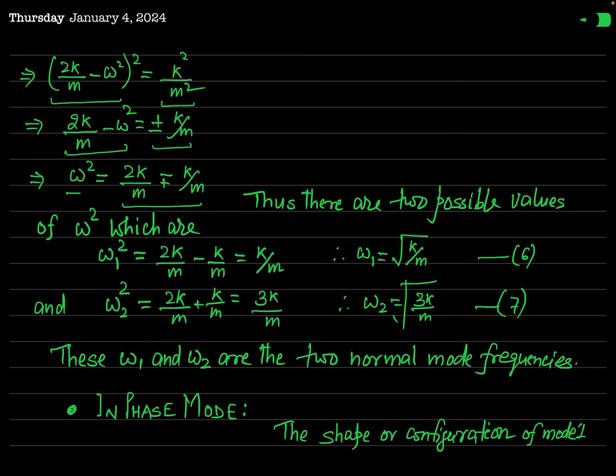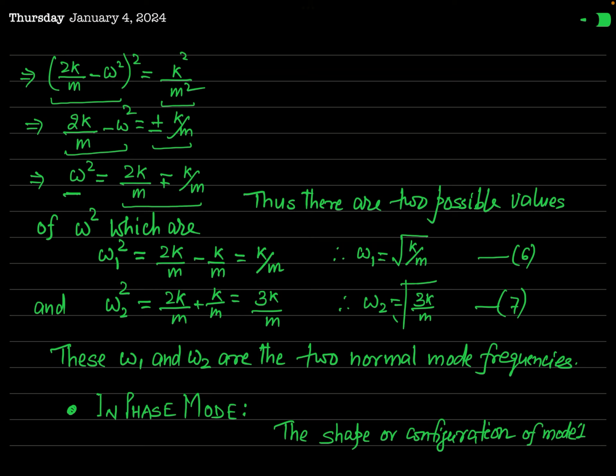So you can see, taking the minus and plus sign separately, we will have two values of omega square, which actually means that there will be two modes of vibration. We will call them mode number 1 and mode number 2.